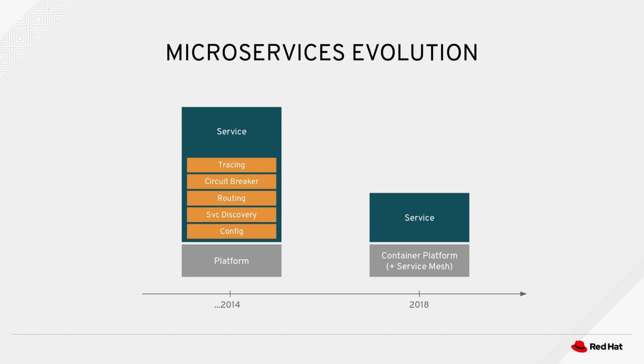So this was creating a requirement to implement microservices using the same technologies. But over time, those functionalities were moved outside of the service implementations to the underlying infrastructure as a service mesh.